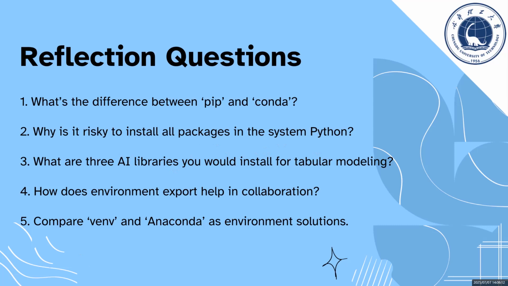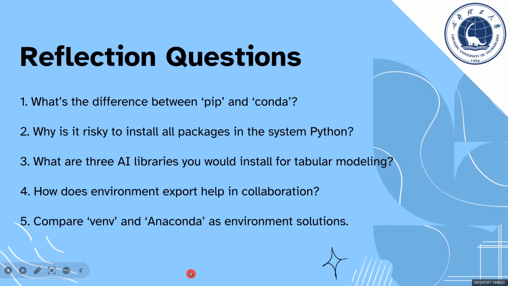So if we just run code on the system Python, definitely it will not allow another user to do the same project or a different project due to version issues. So this is why it's a big risk to install all packages in the system Python.